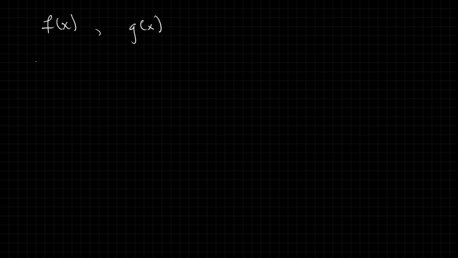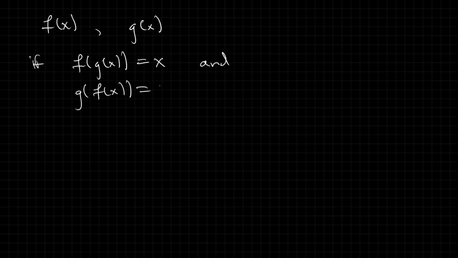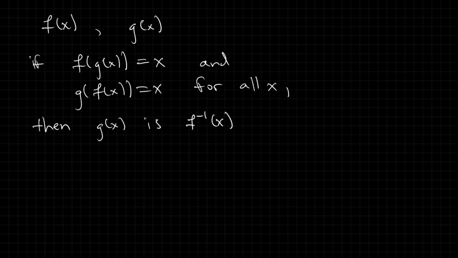Then if f of g of x equals x and g of f of x equals x for all x, then it turns out that g of x is actually the inverse of f of x. And when we say is in mathematics, that means equals. So it's a nice way to test if two functions are inverses of one another.